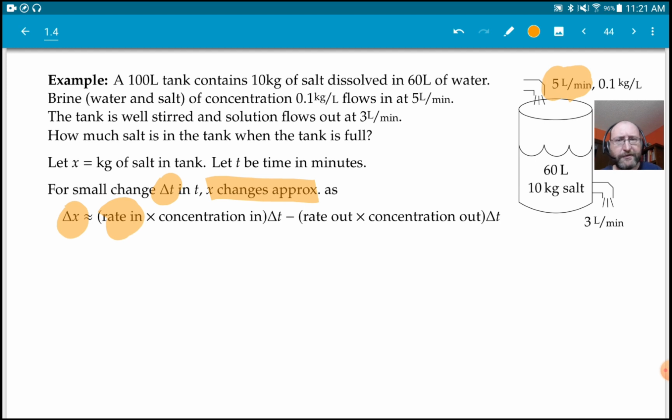We need kilograms of salt, so I multiply by the concentration that's coming in. Liters per minute times kilograms per liter gives us kilograms per minute. If I want to know how much x changed, I need to multiply that by the little bit of time I'm looking at, so that's delta t. That's how much salt is coming in. Now, how much salt is coming out? It's the same thing.